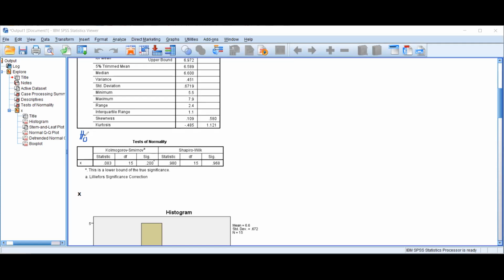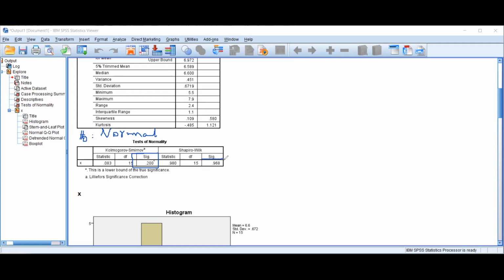Data is normal or normally distributed. And the alternate hypothesis is what? Data is not normal. The p-value is there. This is the p-value of the Kolmogorov-Smirnov test.